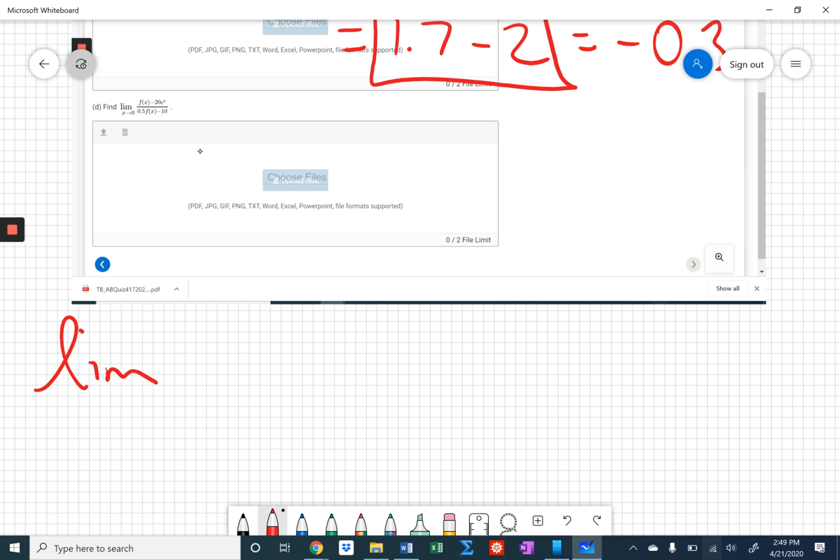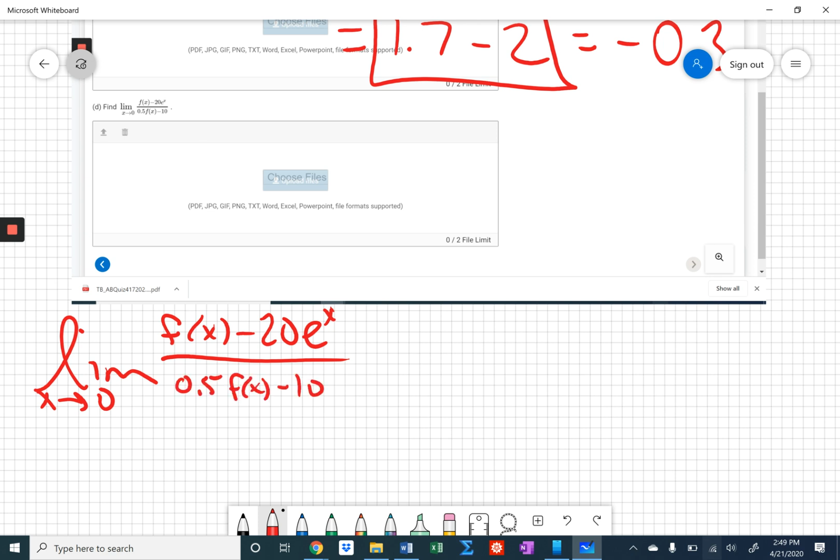I'm going to write this a little bit larger so I can see it more clearly. The limit is of f of x minus 20e to the x over 0.5 times f of x minus 10. If I try direct substitution and plug in 0, I get f of 0, which was 20. They told us that.